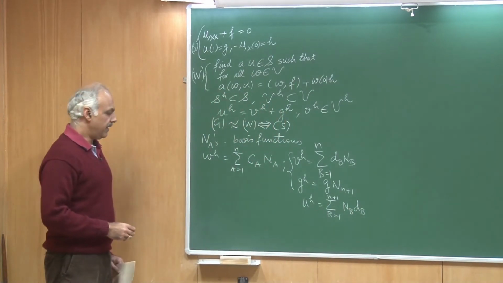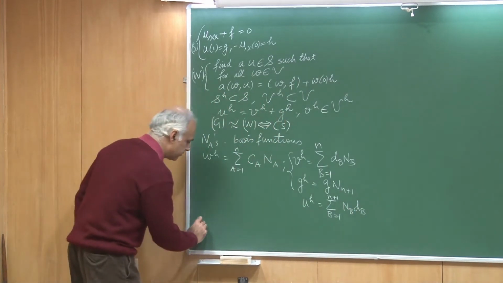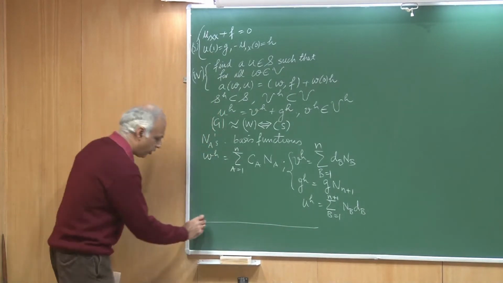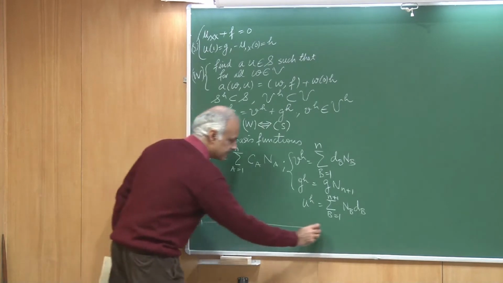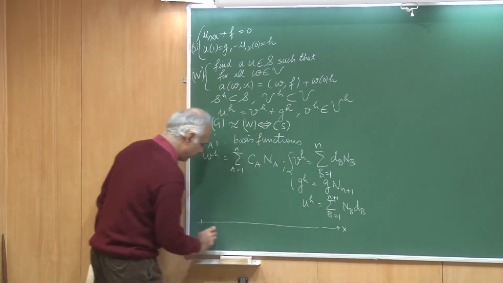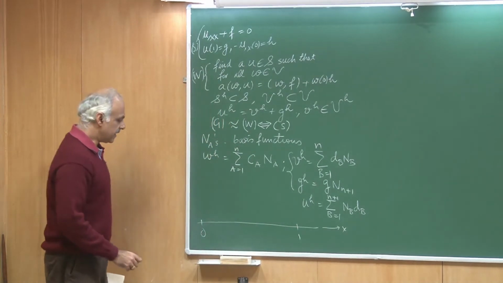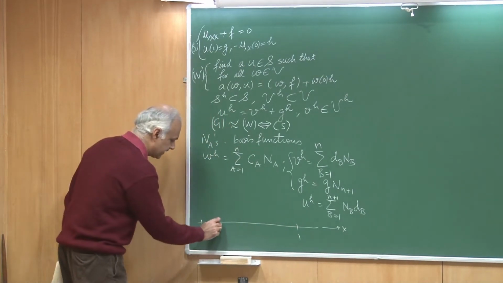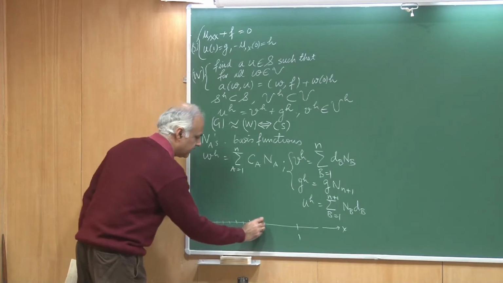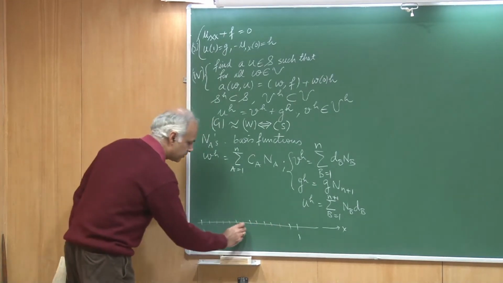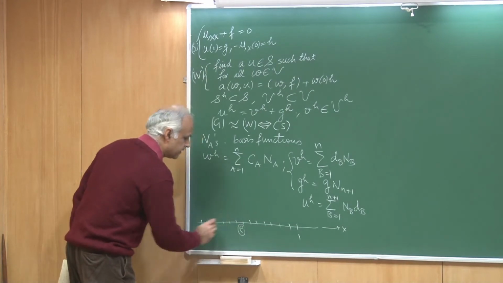Okay. And then we chose the piecewise linear finite element space. So, if this is the x axis between 0 and 1, we actually came up with discretizing this into several element level domains. So, each one of them, so let us look at element number e.